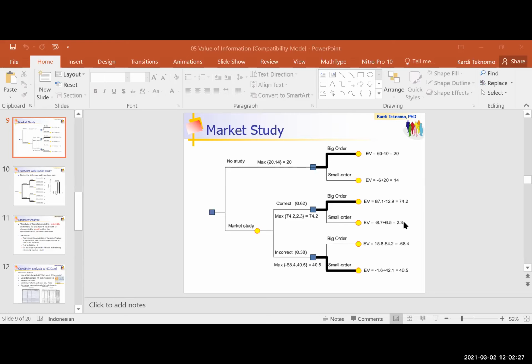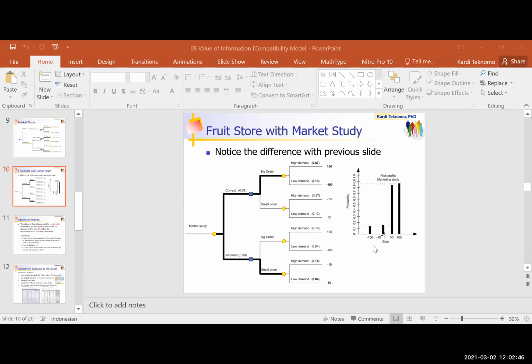Now you have market study that complicates the matter, so you have all this probability inside that you need to compute. Then based on that computation is the one that you put into the risk profile here. Okay, I see. Yes, sir. Thank you.